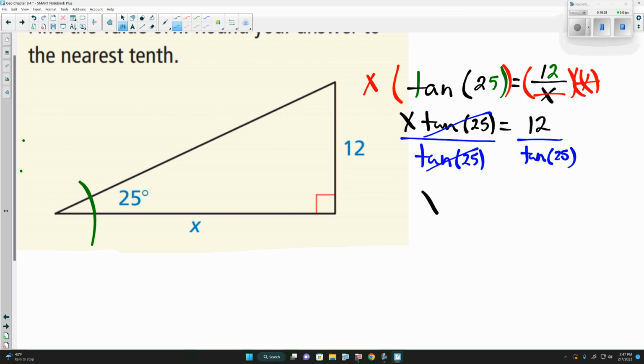This one only wants the tenth. Any questions on any of this here? Not too bad.